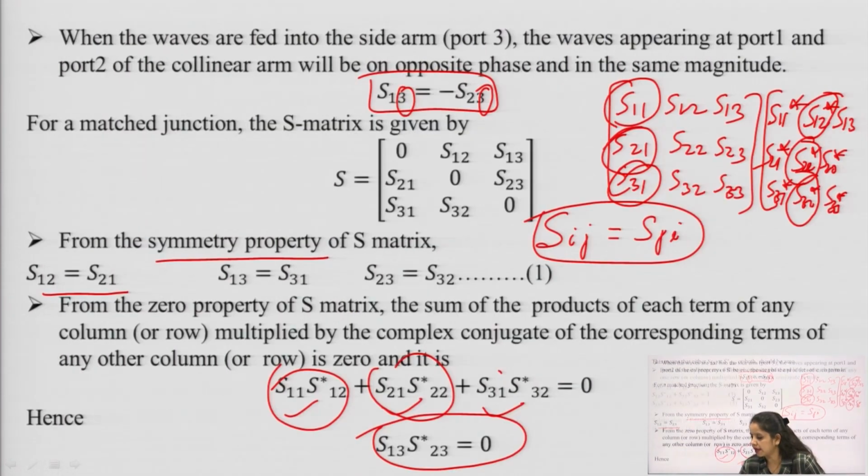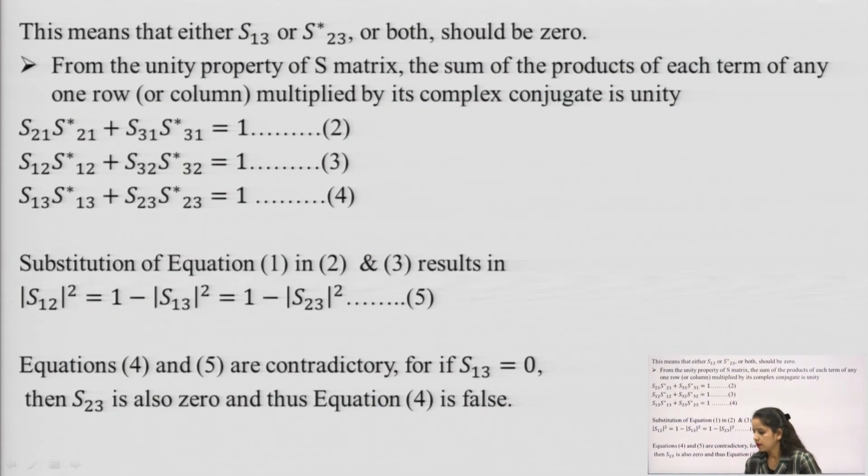Now we take the second one, S12 multiplied with S12 conjugate, S22 multiplied with S22 conjugate, but S22 is 0, that is why it will be taken as 0, S32 multiplied with S32 conjugate. Similarly the third one. Now we are having these three equations.